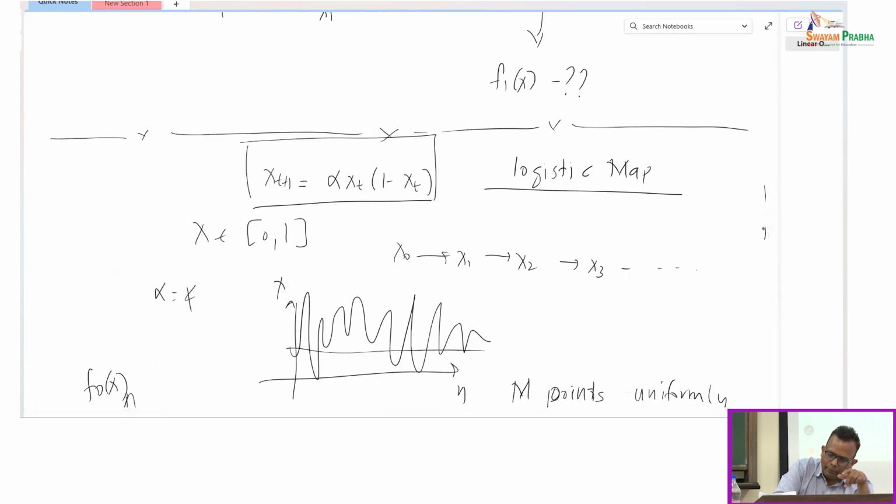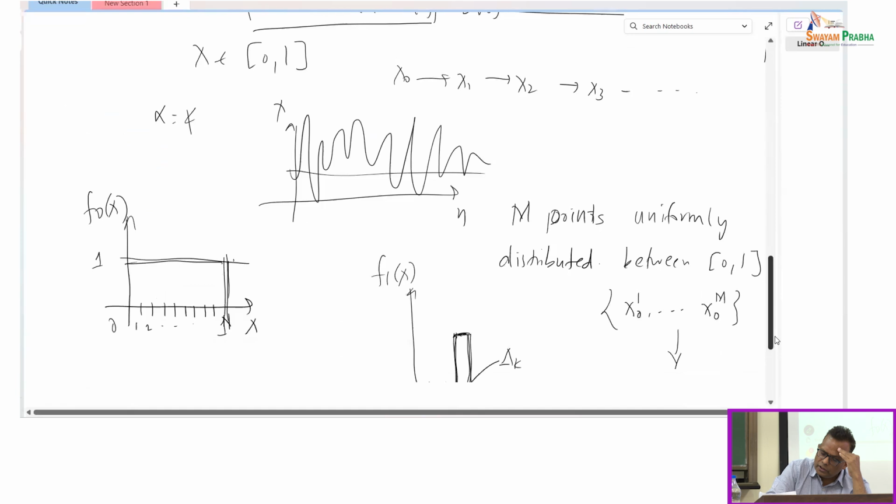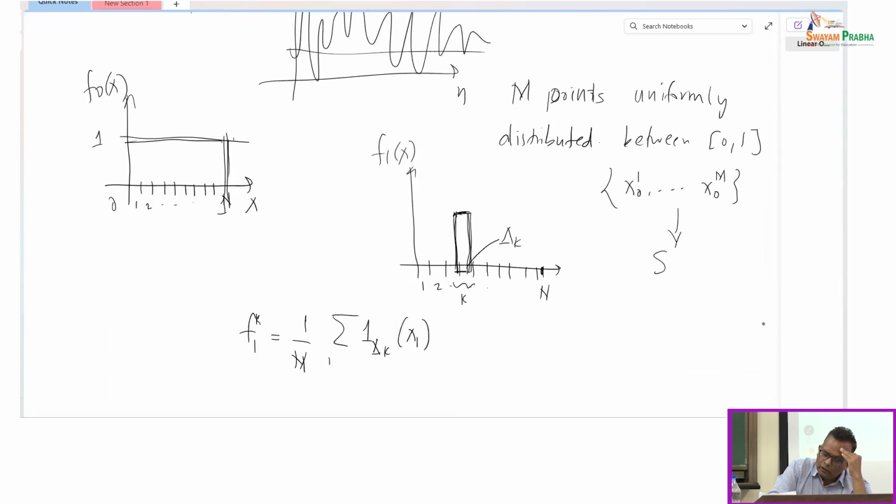Let's call this map S of xt, where S is a notation for the logistic map. So these M points will evolve: x0,k, where k goes from 1 to M, evolves and gives me x1,k, where 1 stands for one time step. Make sense?